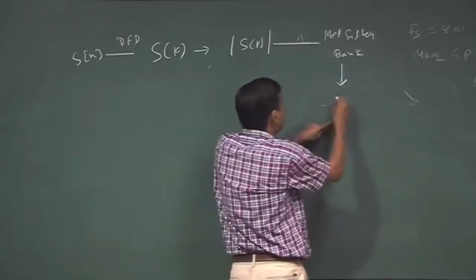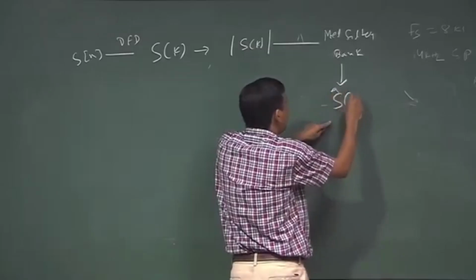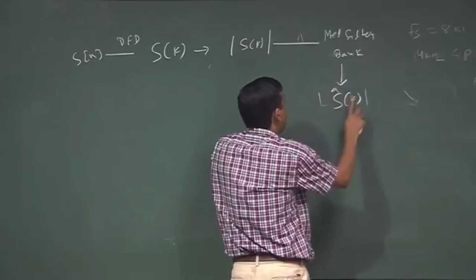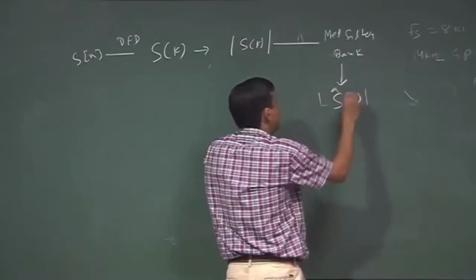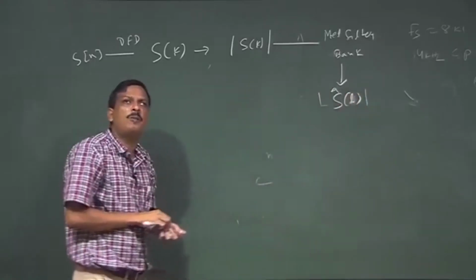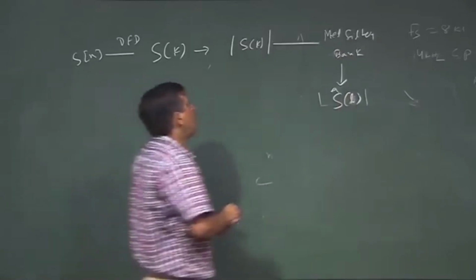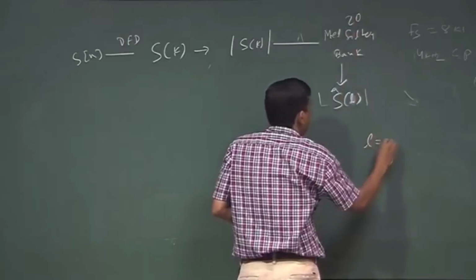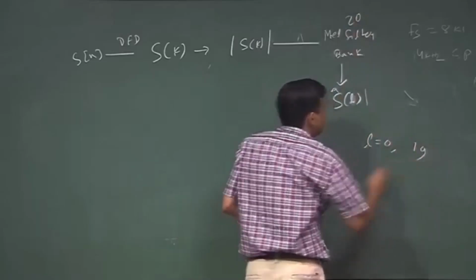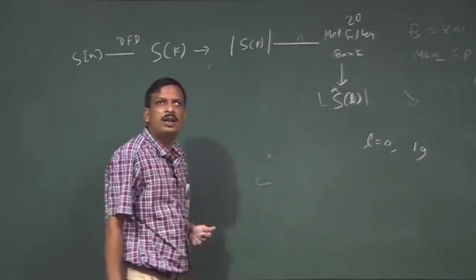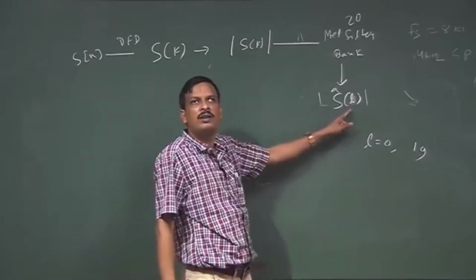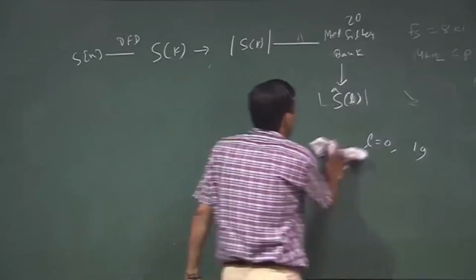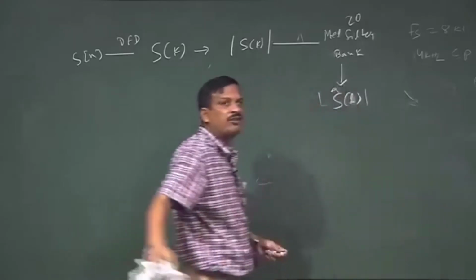Instead of frequency, I get S cap k, which is in mel scale, or instead of k, I can write L, where L is the number of analysis filters. So, if it is 40 filters or 20 filters, L varies from 0 to 19. Once I pass through the mel filter, I get the mel spectrum.